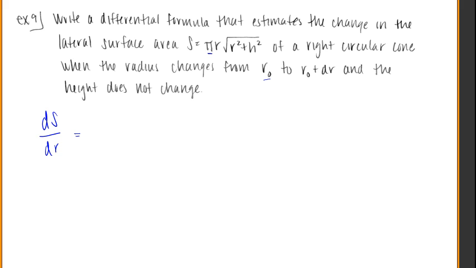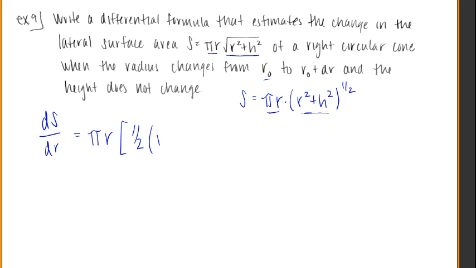And so in here it looks like I have basically a product of two things. As y'all know, I like to rewrite it, I don't like to see the square root. I like to write it as r squared plus h squared to the 1/2 power. To me that seems a little easier, but we've got a product rule. So I've got a variable here and a variable inside here. So it's going to be the first times the derivative of the second.